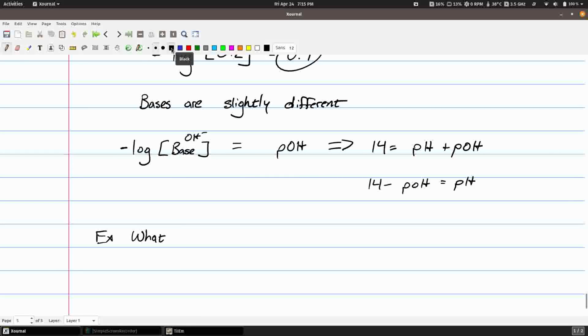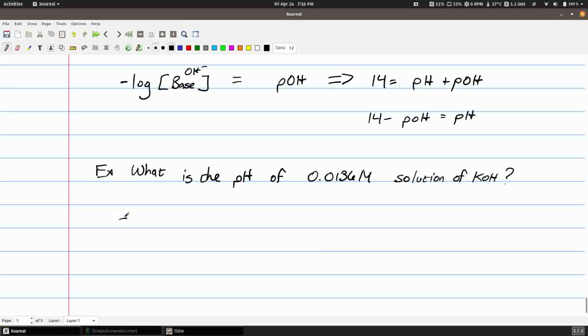So what is the pH of a 0.0136 molar solution of potassium hydroxide? Let's do this.